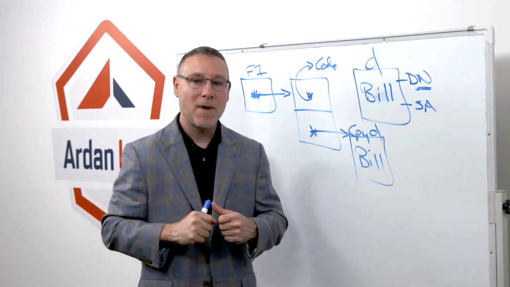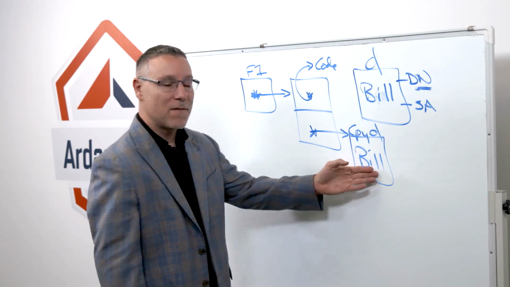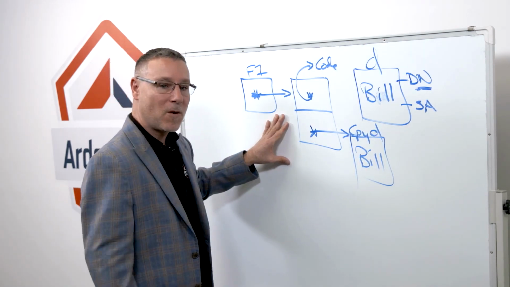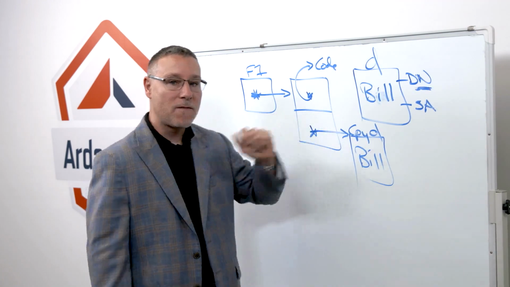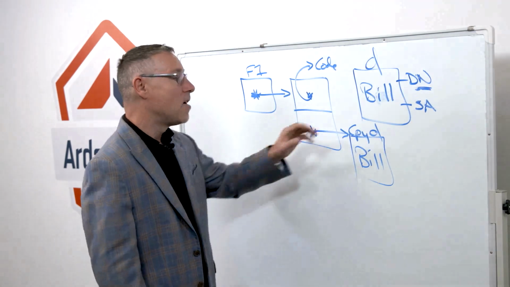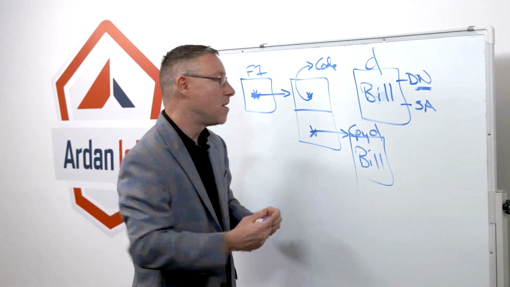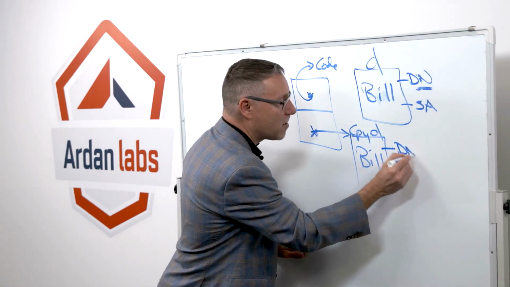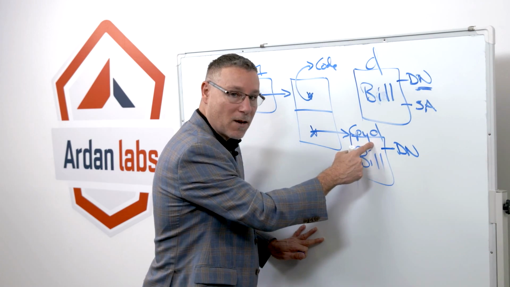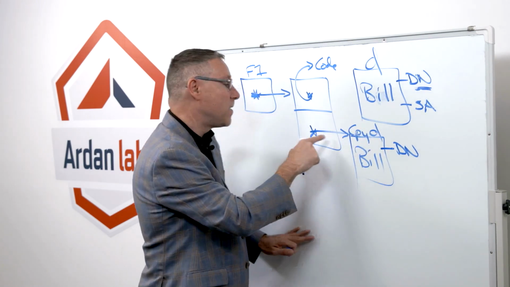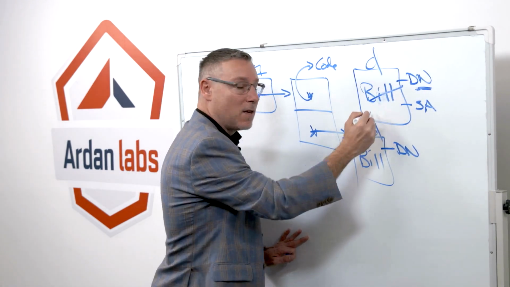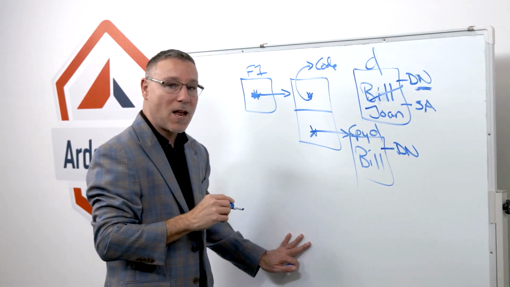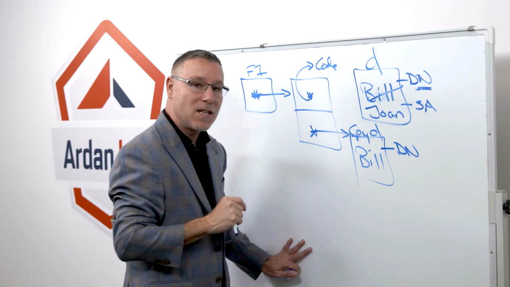Because we know value semantics are at play, we know a copy of D has to be made and stored specifically with the f1 variable, which now means that when we call line 55, we are going to call the display name method, but it's going to be called against our copy of D, which now means on line 58, when we change Bill to be Joan, and we call f1 again on line 61, we're not going to see the change.